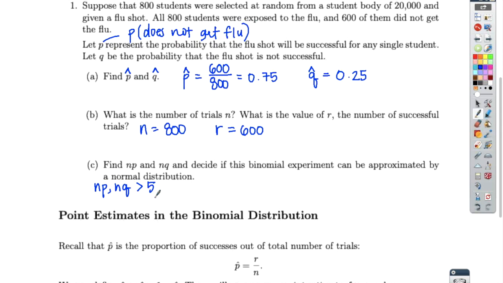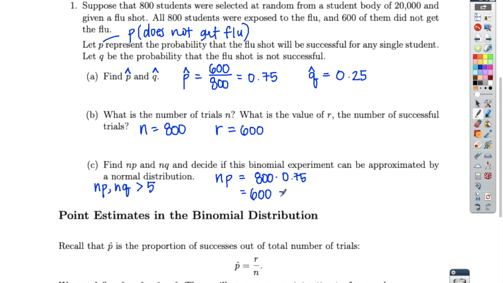So that's what we're checking for here. So let's start with NP. So NP in this case is 800 times our 0.75. We're going to assume this is our theoretical probability, so P is 0.75. 800 times 0.75, which is 600.